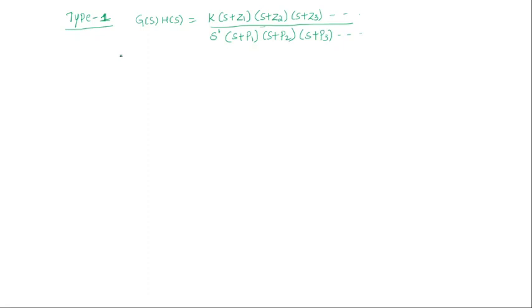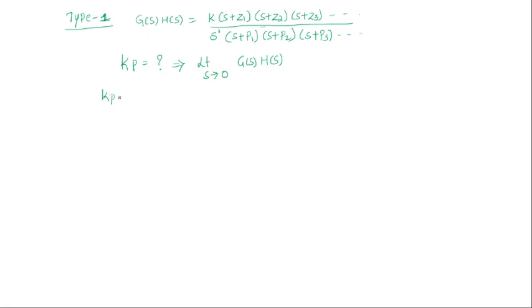Now we have to calculate the positional error constant for the type 1 system. What is the positional error constant formula? That is limit s tends to 0 of G(s) H(s). So substitute G(s) H(s) here.